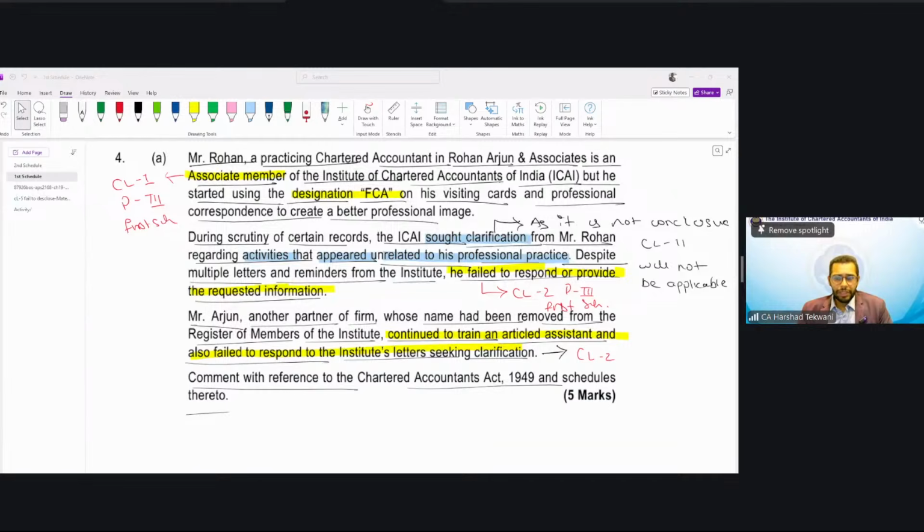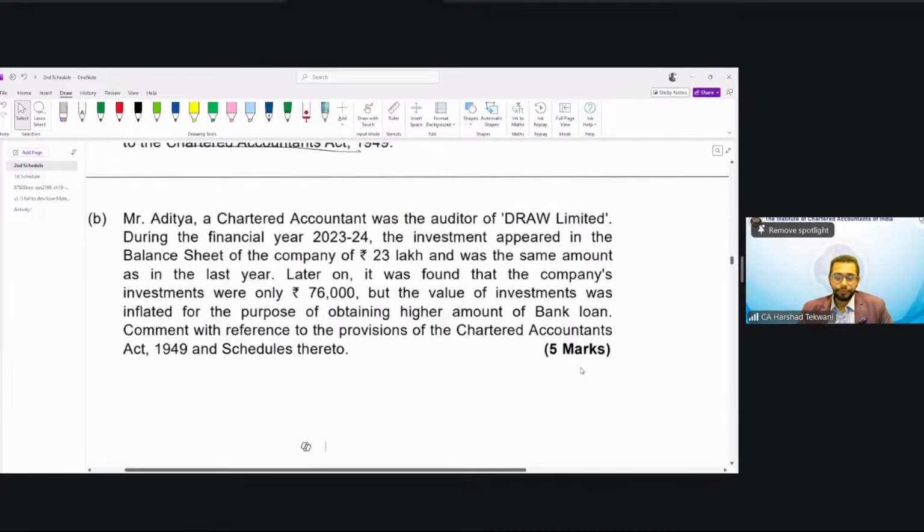So this particular question, we will basically understand the topic, the combination of the clauses that we saw just before from the second schedule. And accordingly, we will be able to understand the concept with much more clarity. Mr. Aditya, a chartered accountant, was auditor of Draw Limited during the financial year 23-24.